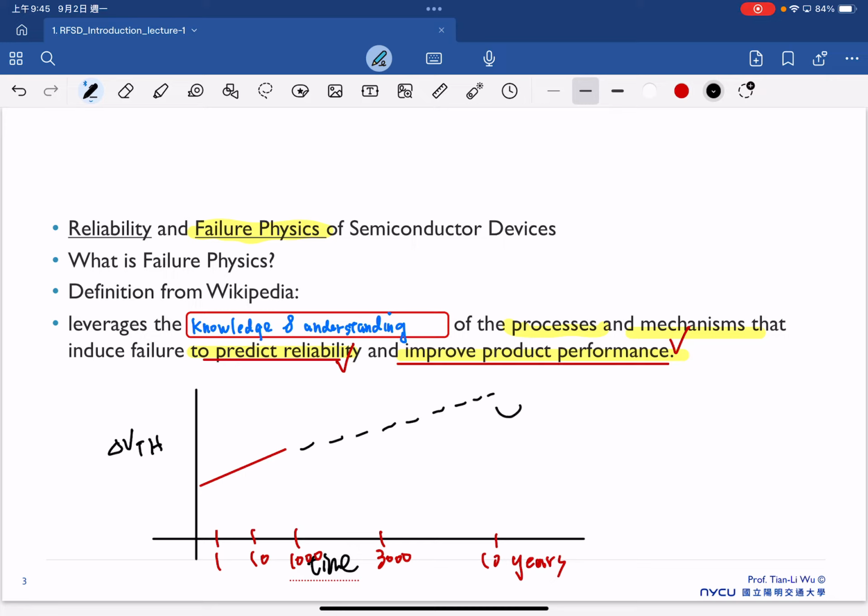So this is reliability prediction based on the math and physics.